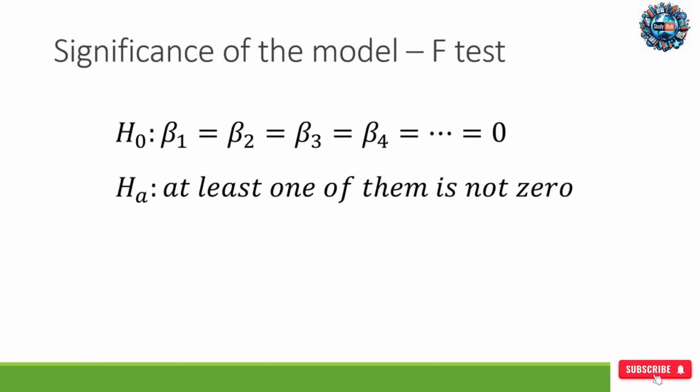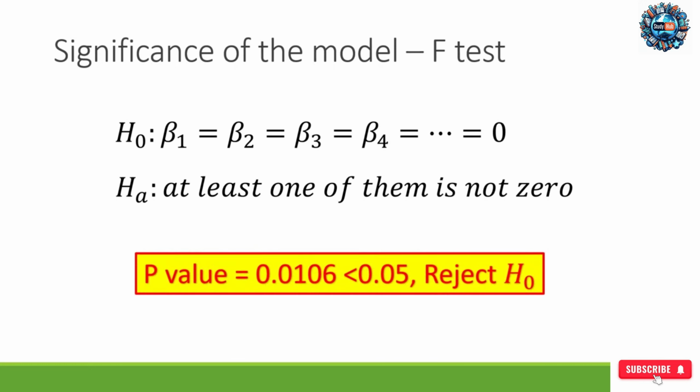If we reject, we accept the alternative, and it means that at least one of the predictors is useful. Our model is better fitted than the intercept-only model. The p-value is equal to 0.0106 in our model, which is less than 0.05, and it indicates that our model includes useful predictors.